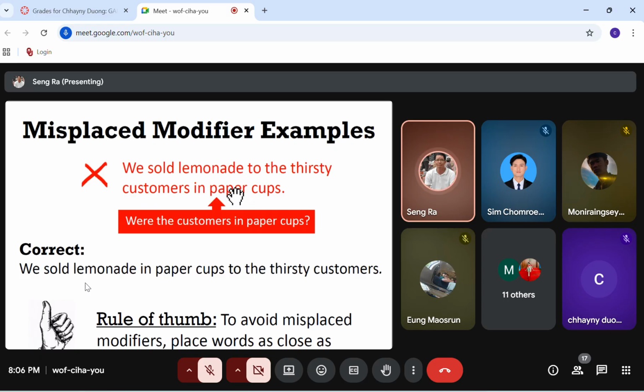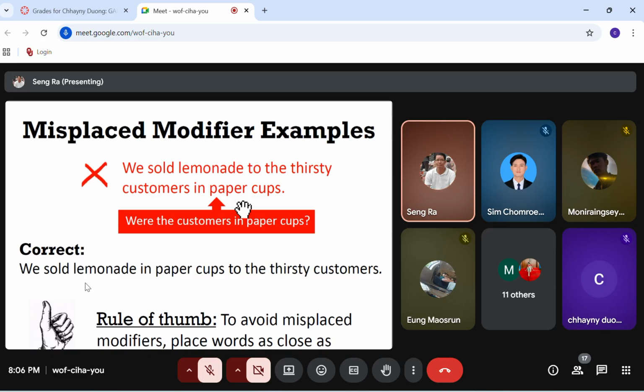But instead of saying the lemonade in paper cup, you put the paper cup last, after the customers. This is funny, but you don't want to make it funny. You are just not careful, and you make it funny. It's unintentionally funny. You don't mean it.